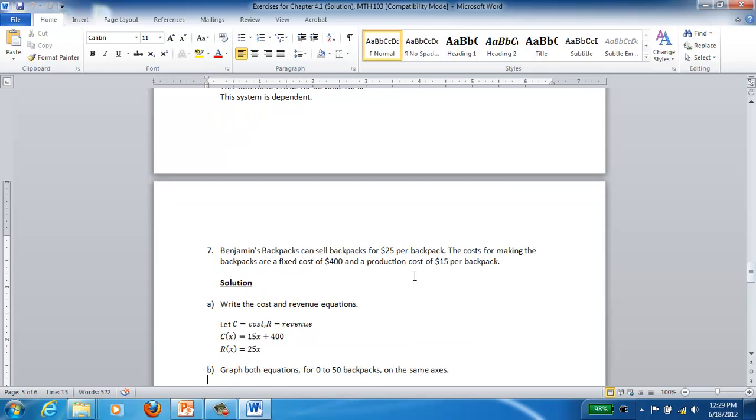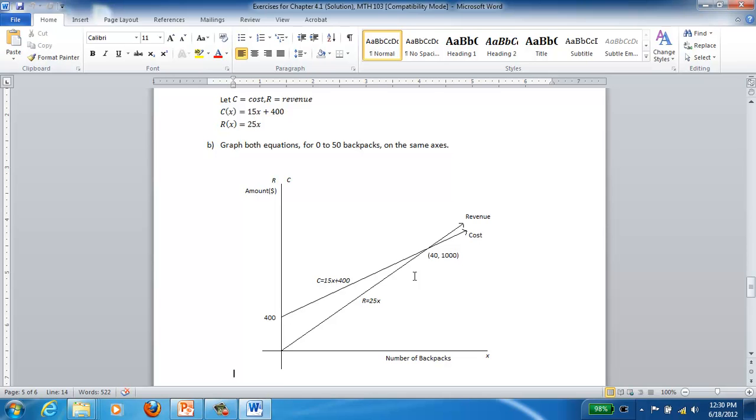An applied problem. Benjamin's backpacks sell for $25 per backpack, and the costs of manufacturing are a fixed cost of $400 and a production cost of $15 per backpack. We end up with the two equations, that is, cost equals 15x plus 400, and 25x is equal to the revenue equation.